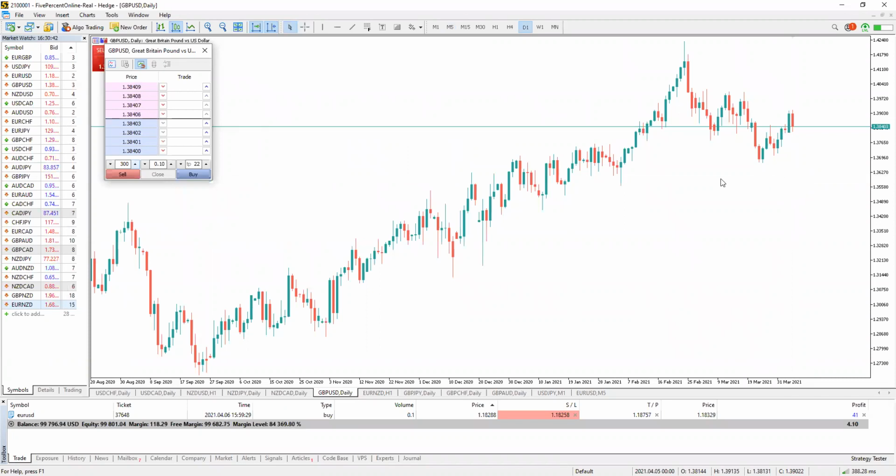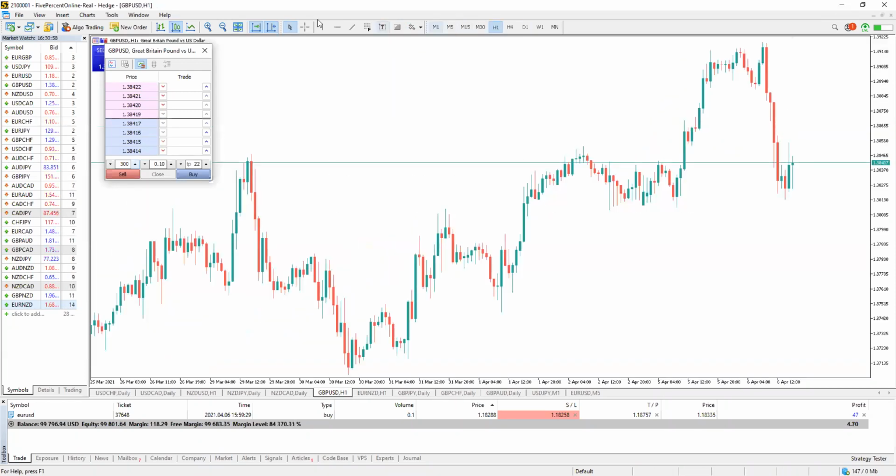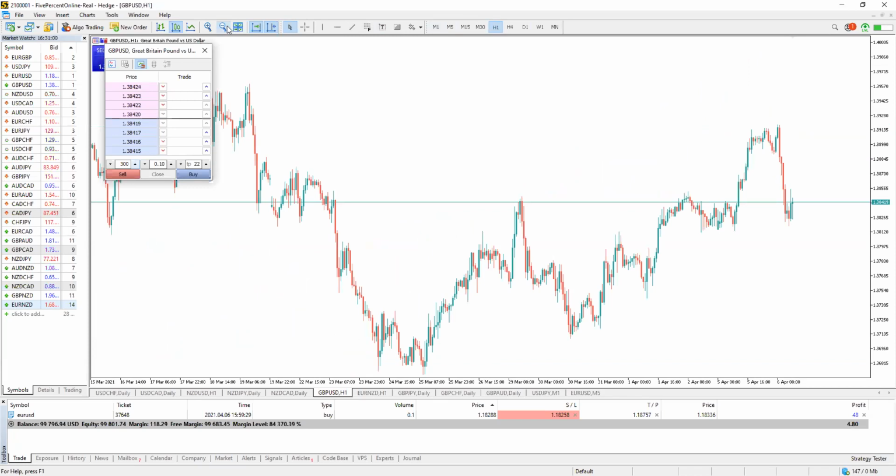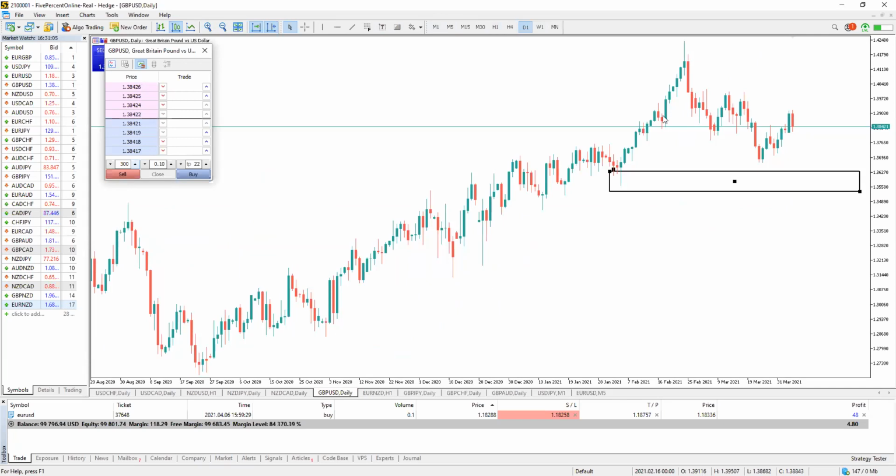Do I think pound dollar can get to this area? My answer is, I wish I knew. If I knew, I would go all in, guys. I have no idea. Fundamentally, there are arguments for this going up and down, for the dollar strengthening or weakening.